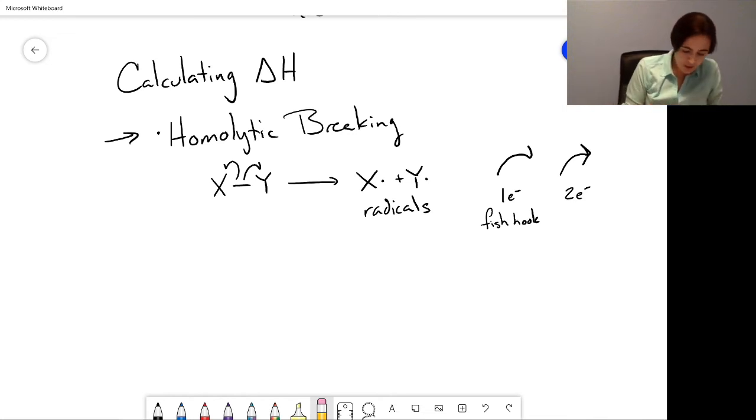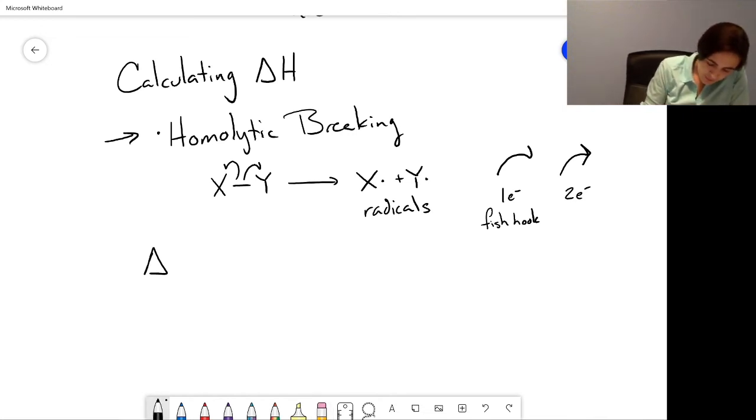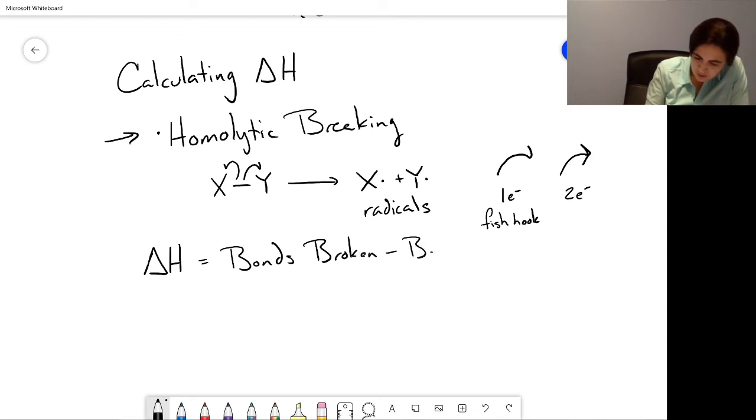So calculating delta H is going to be the energy of bonds broken minus energies of bonds formed.